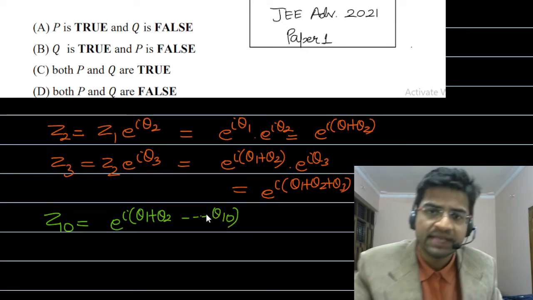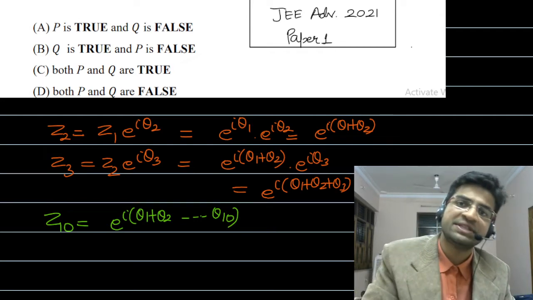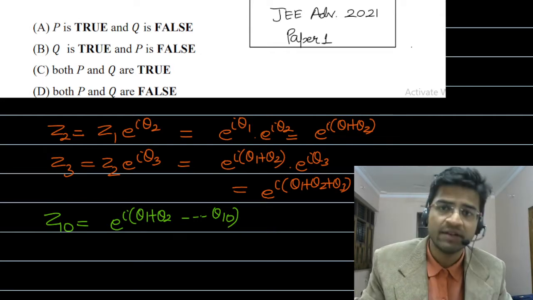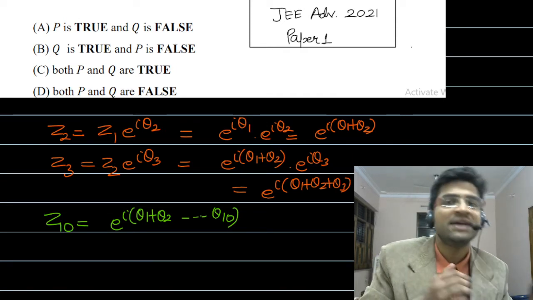Is that fine? z3 is e^(i(θ1+θ2+θ3)), and z10 will be e^(i(θ1+θ2 till θ10)).